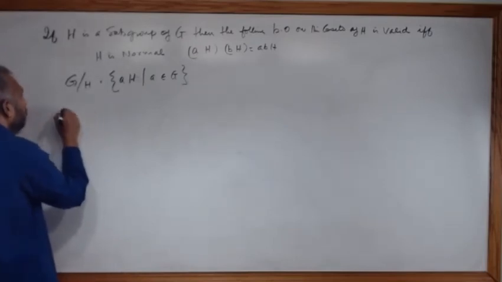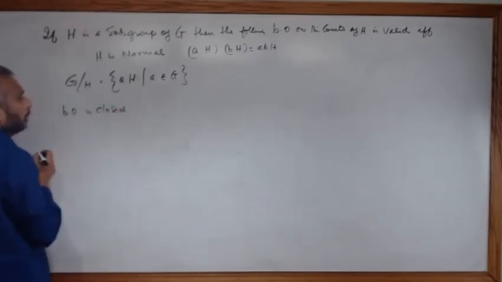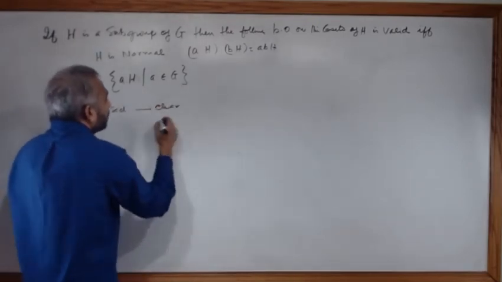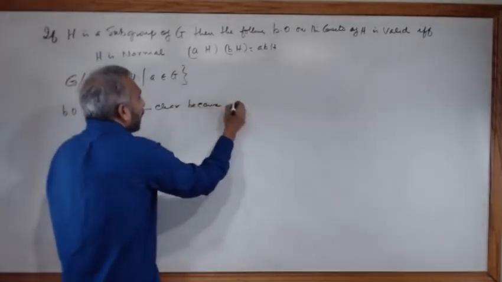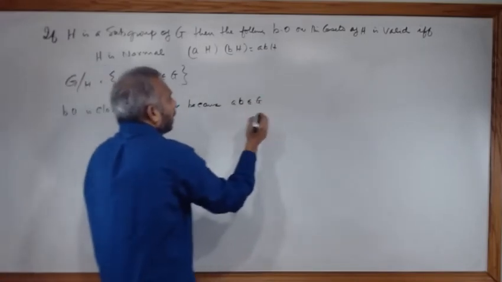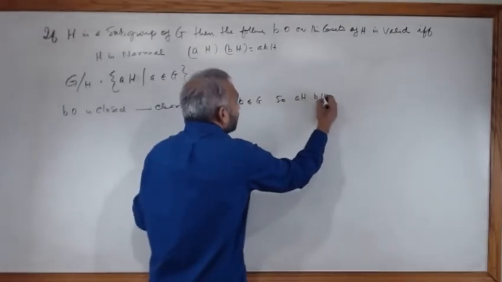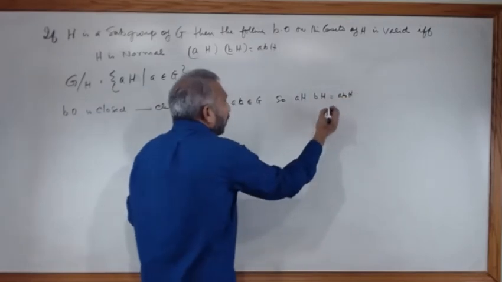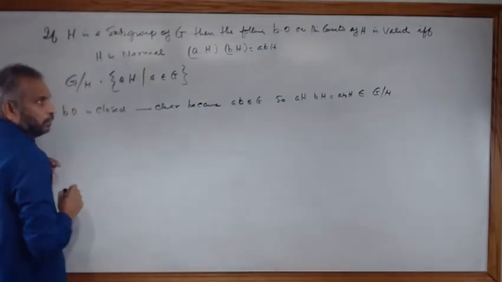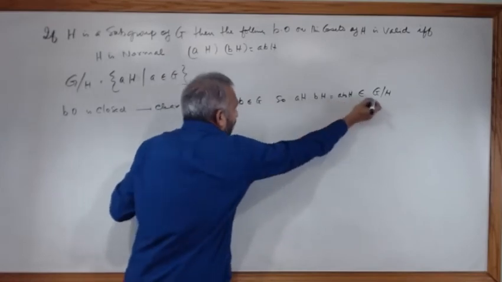What are the things we need to prove? The binary operation is closed, which is clear because AB belongs to G. So AH times BH is equal to ABH, which belongs to G over H. So for any two elements, the product is also in here.